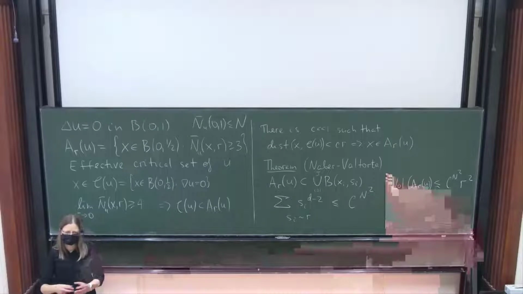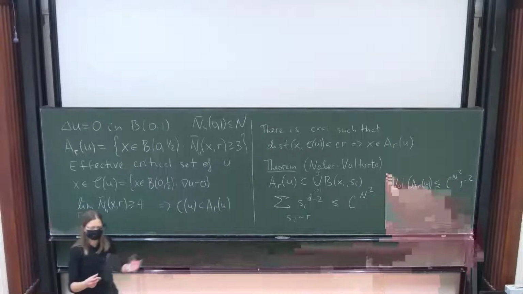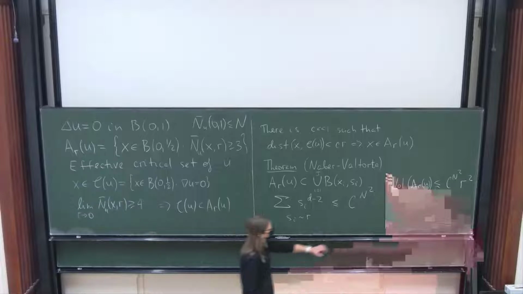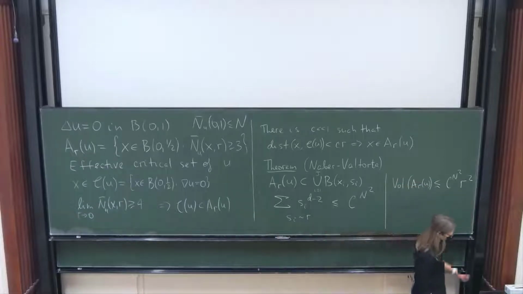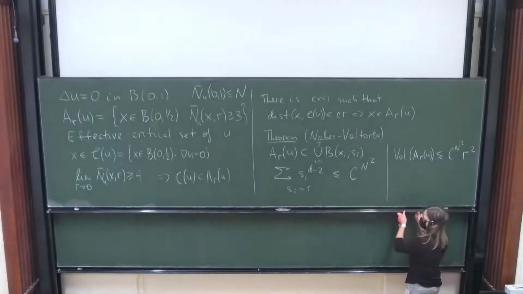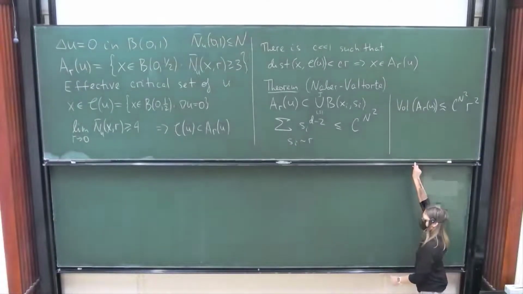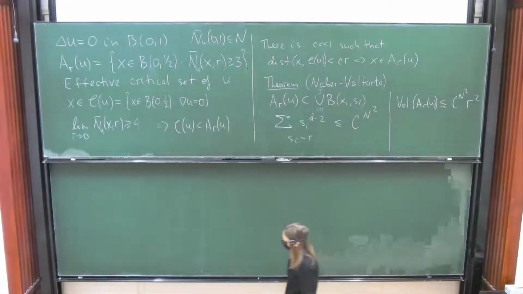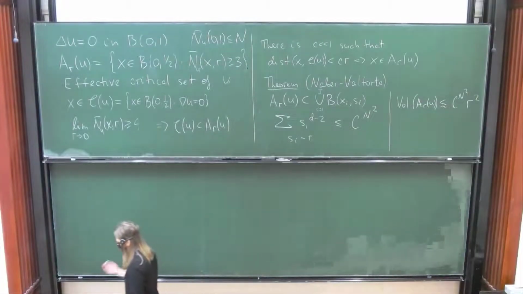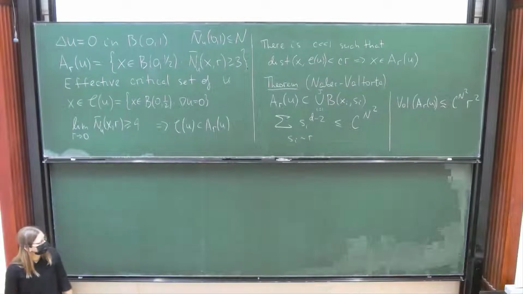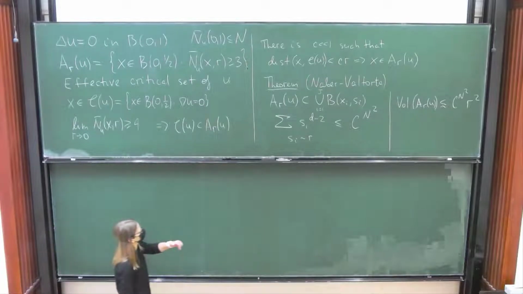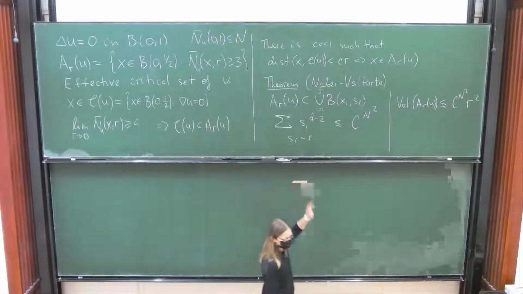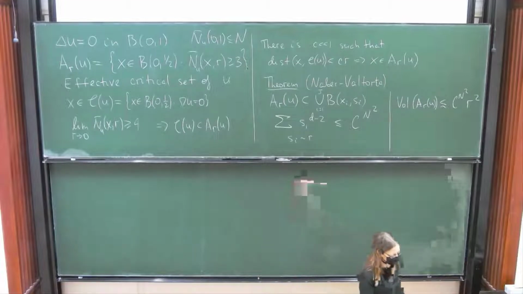And if you have a tube around this set, its volume should grow like r squared. I will do some computation in dimension 2 for harmonic functions. And as far as we believe, there should be a much better estimate for this case.